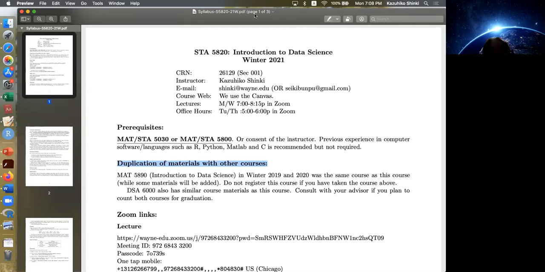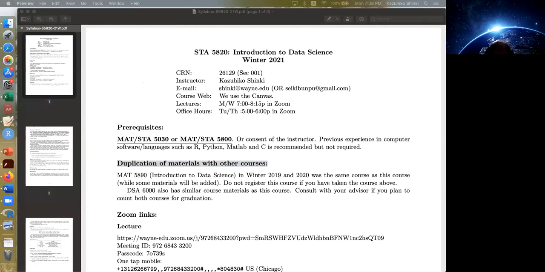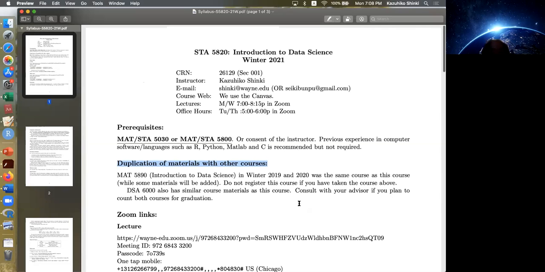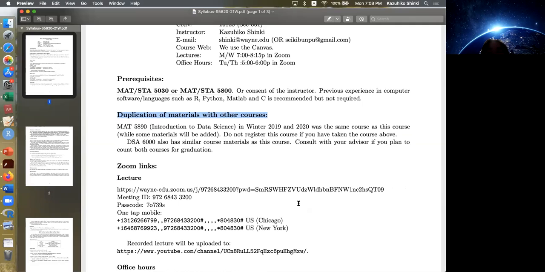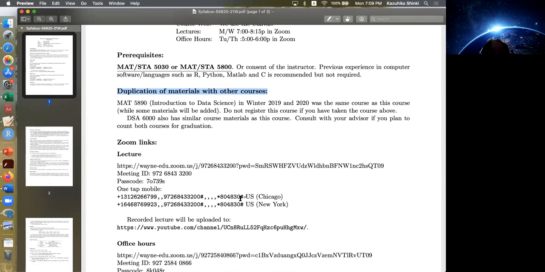The contents are mostly similar, while I will add some more materials. Has anyone registered for DSA 6000? No? Okay, that's fine. That course is also similar, so probably you cannot double count the course. It depends on your advisor, but probably not.